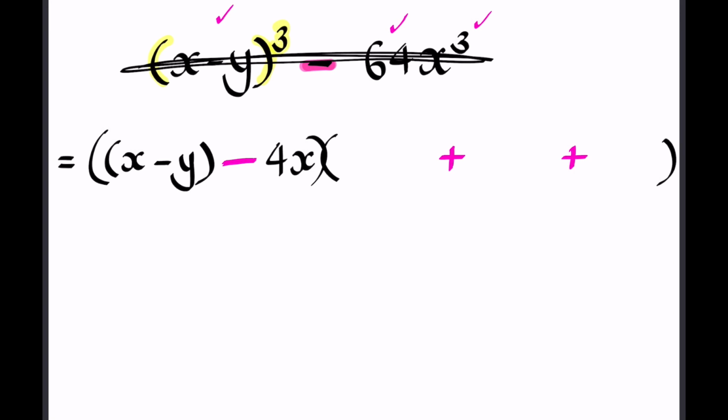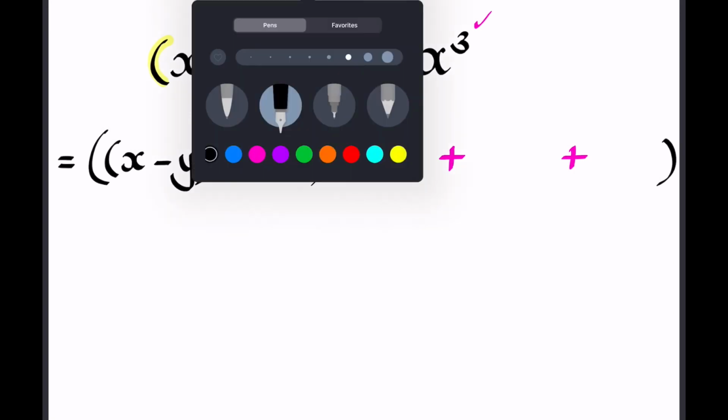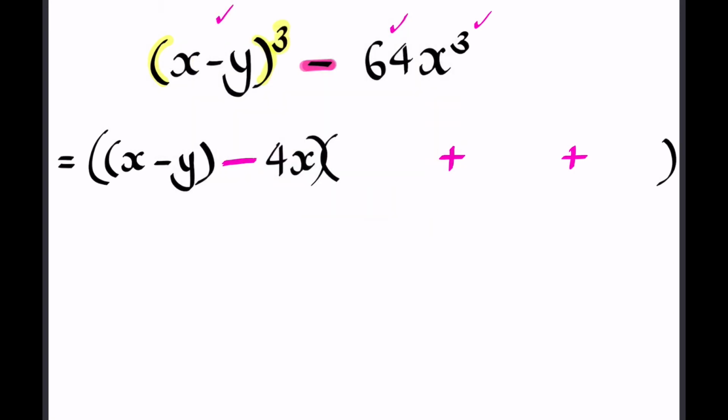Now I no longer look at the question. Now I'm looking at my binomial that I've just created. So my first term in my second bracket is created by squaring my first term in my first bracket, but it's a bracket. But that's fine. I'm just going to say x minus y all squared.